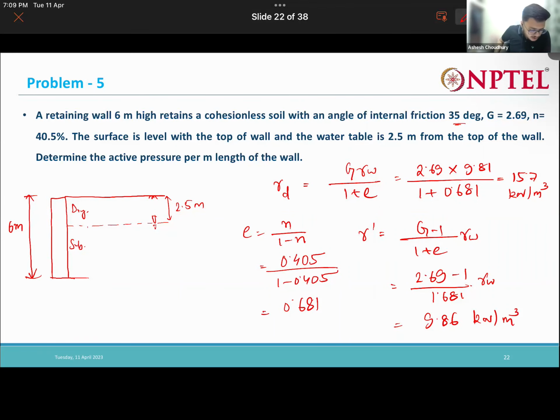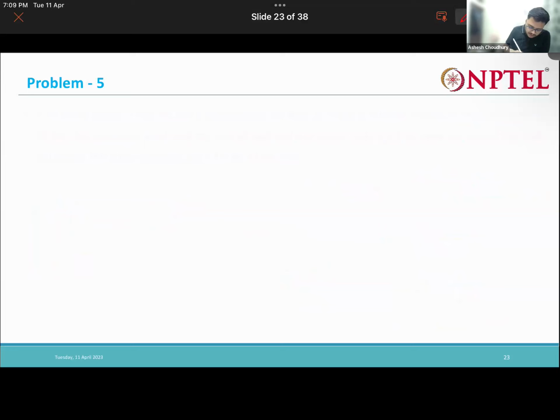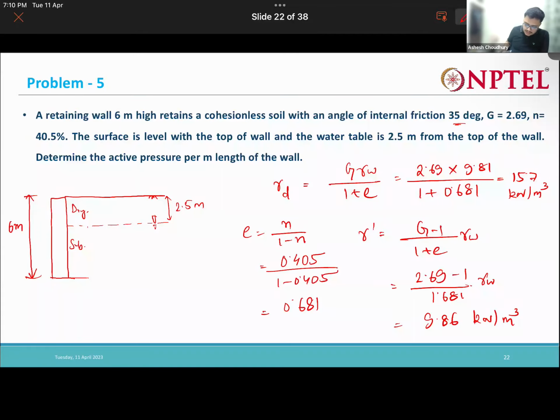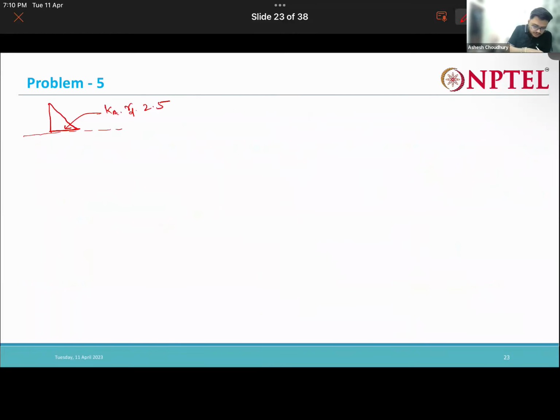Okay, so we got this. Now if we want to draw the arrangement, the upper portion will be a triangular arrangement, K into gamma into 2.5. And below it's submerged, so it will reduce.